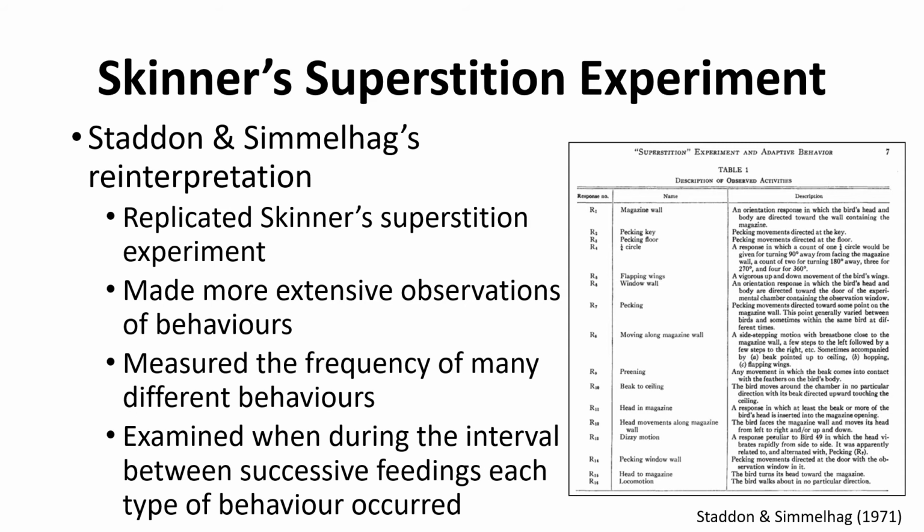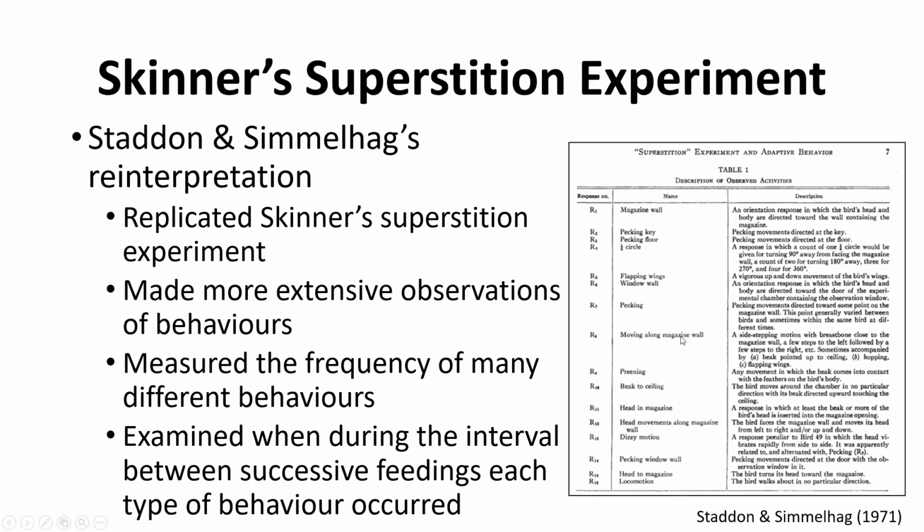They wanted to measure the frequency of many, many more different behaviors. And they wanted specifically to look at when during the interval between successive feedings each type of behavior occurred. Basically, they wanted to turn it into a proper experiment instead of just the observation and kind of anecdotal report that Skinner had originally proposed.